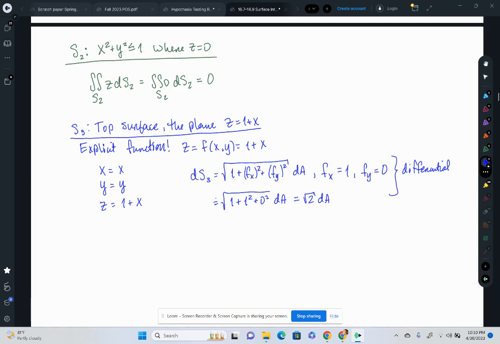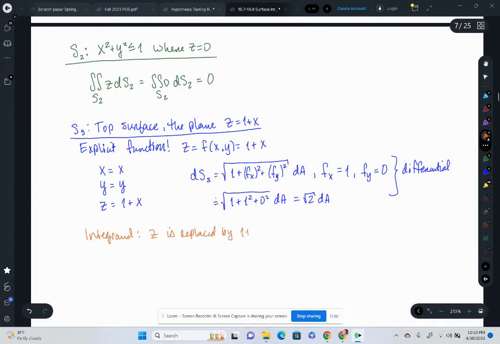Then for our integrand, we have z gets replaced by 1 plus x. Okay, so it looks like we are just about ready.